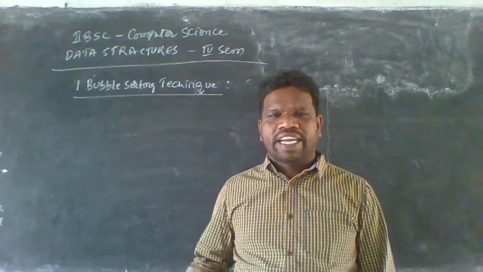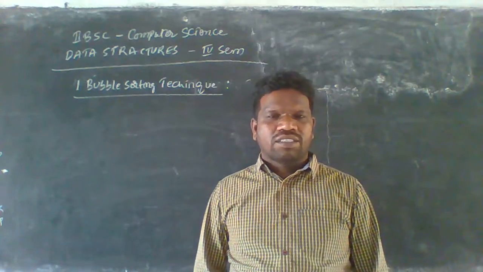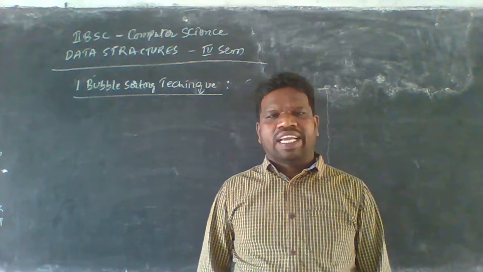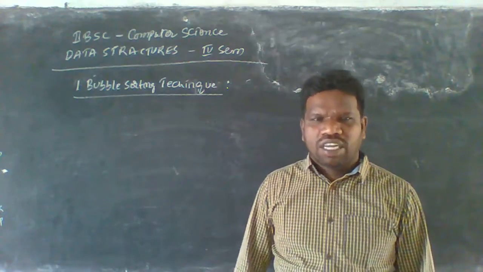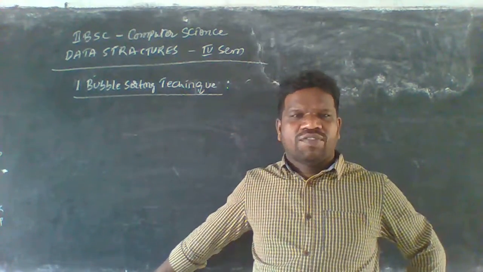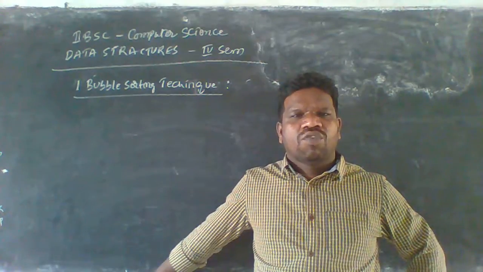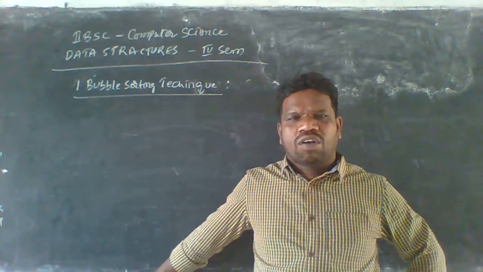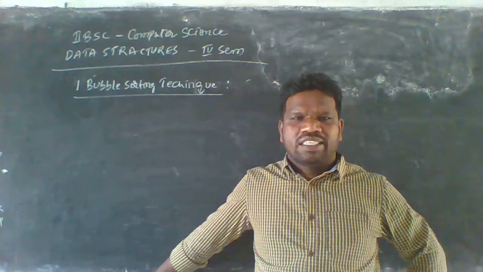Adjacency means side by side numbers, and we compare them. In the first iteration, we compare the first number through to the last number, comparing adjacent nodes.